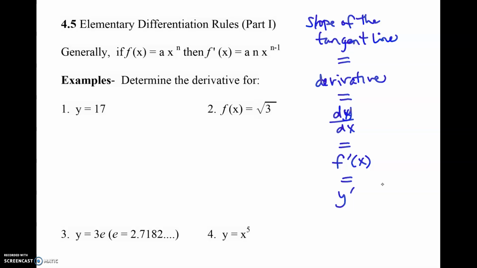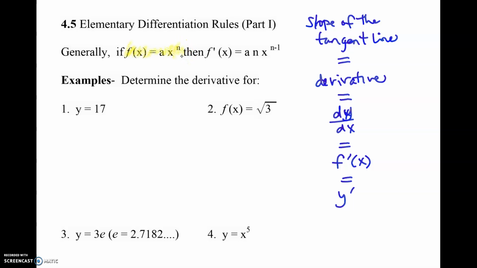Today we're going to start learning the first rules of differentiation, or the first rules to find the derivative a simpler way. Okay, here's the first rule. We've got our function, f of x, and let's say it equals a, any number, times x to the power of n.